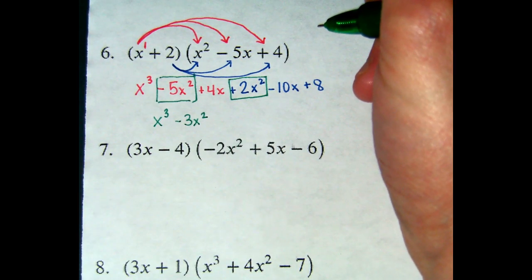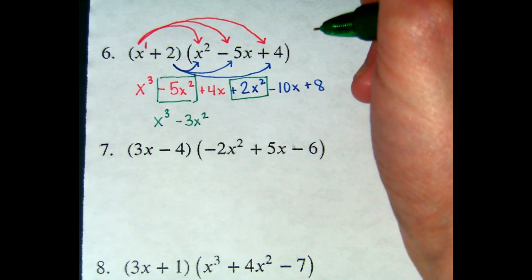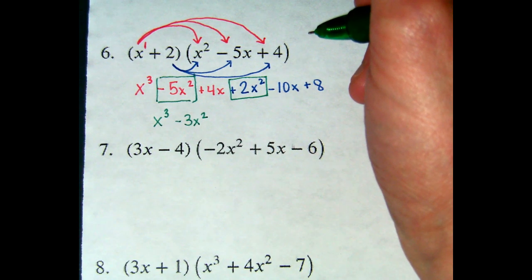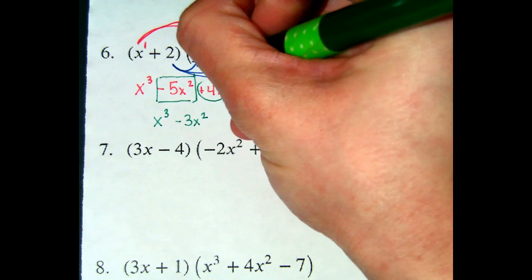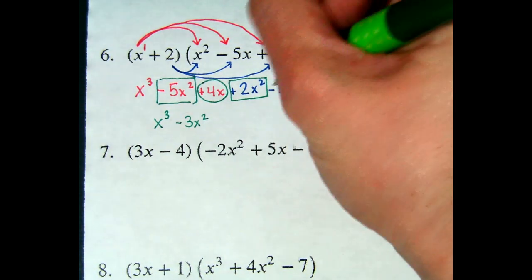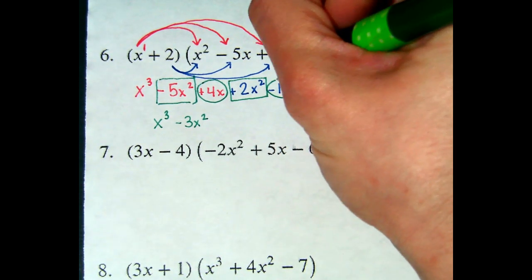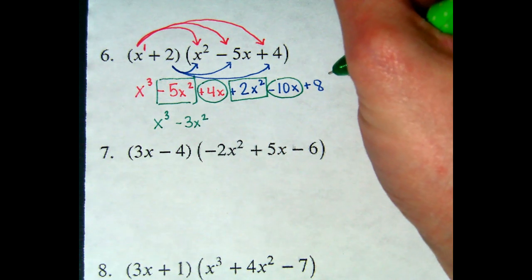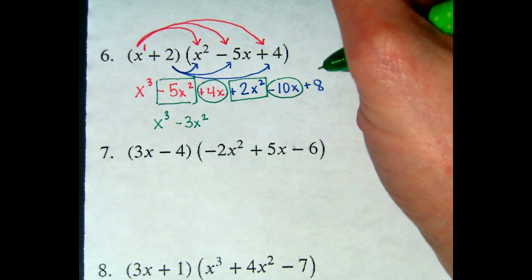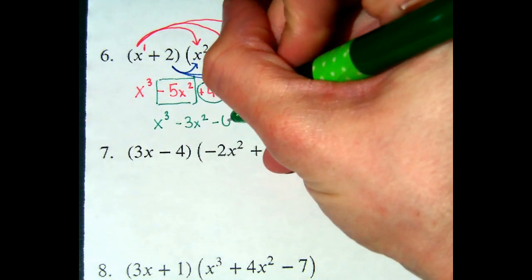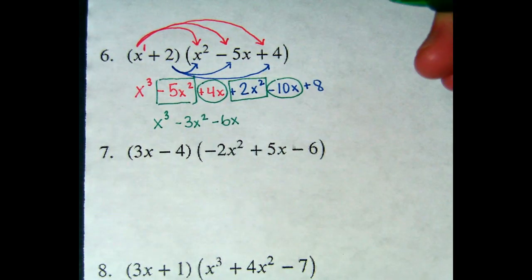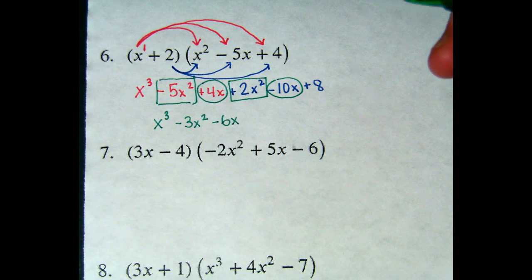In standard form, what comes after x squared? The x. Does this x have a like term? What is 4x minus 10x? Negative 6x. What would come next in standard form? 8.